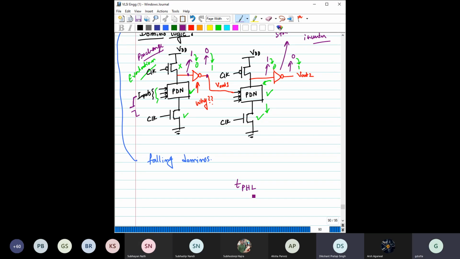What do you mean by TPHL? It is when the output is changing from 1 to 0, high to low.